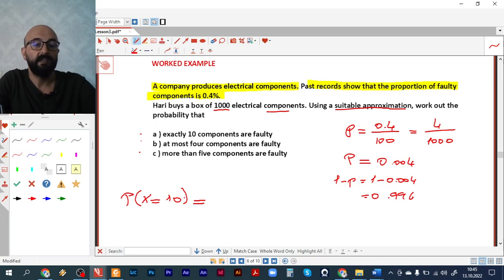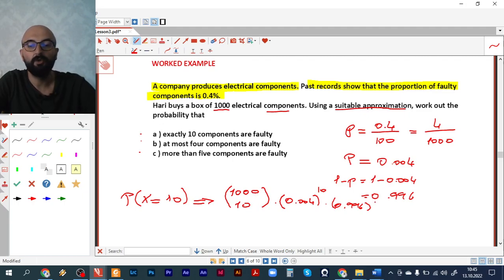For example, if I want to use binomial distribution, this process: 1,000 choose 10, multiply p to the power 10, 0.004 to 10, multiply failure to the power 1000 minus 10, 0.996 to 990.